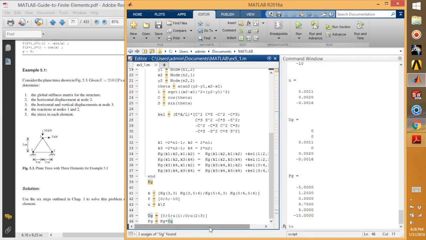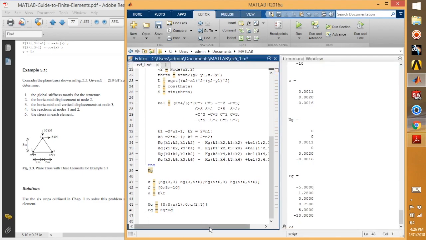So for stress, we are going to define the displacement for each element. So for element 1, which is between 1 and 2, we are going to have displacement as 1, 2 and 3, 4 at node 2.